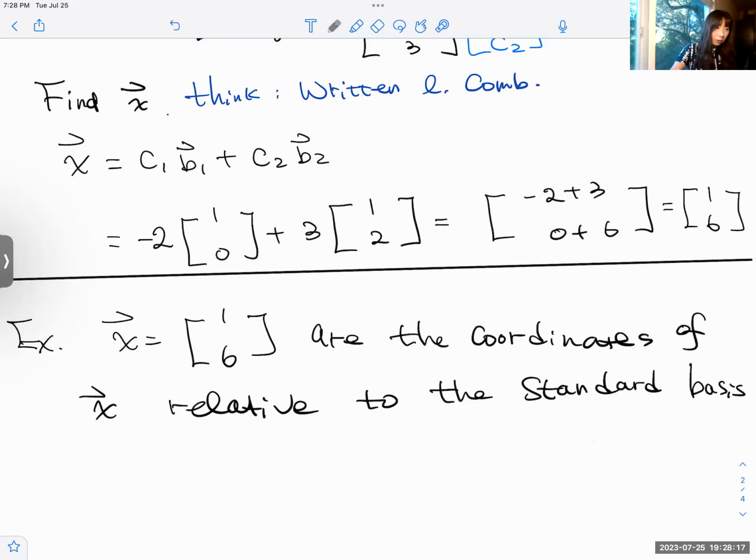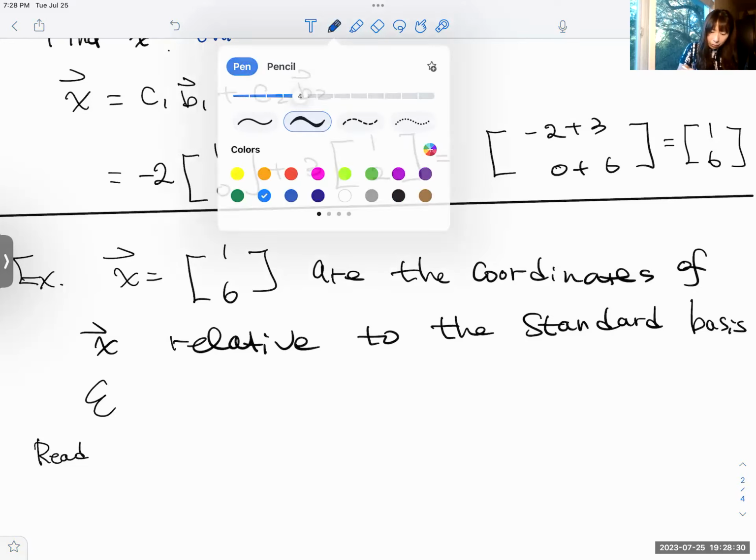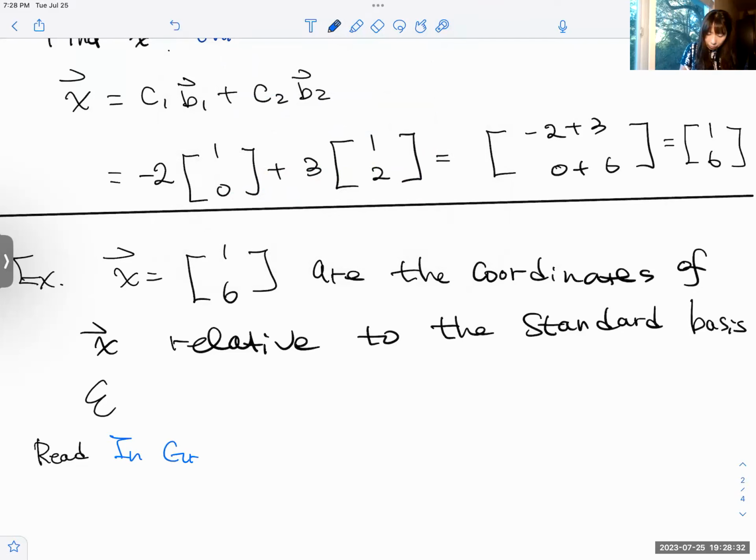We have this notation we're using, read in Greek, epsilon.